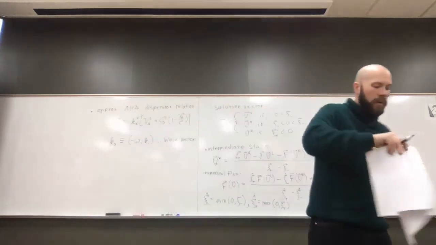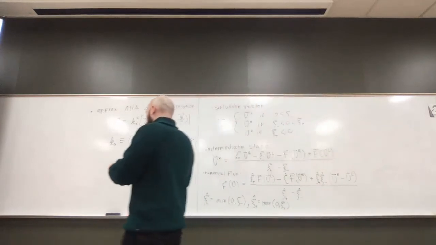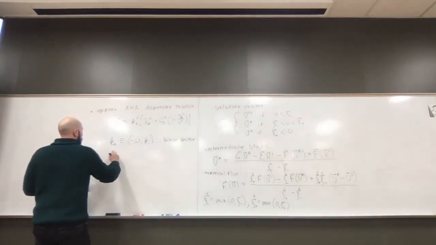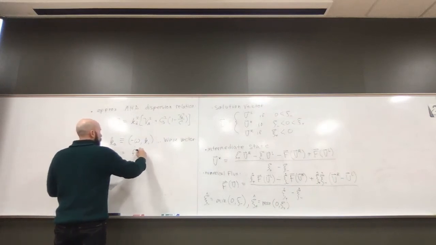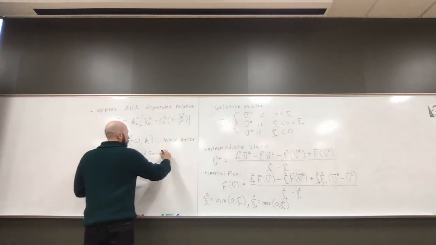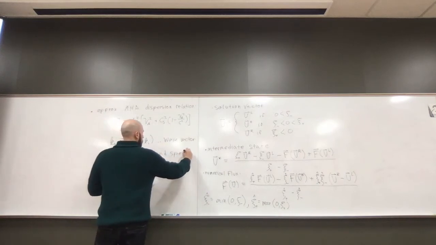Okay. So this all boils down to analyzing the eigenvalues. And c_s is the fluid sound speed. c is the speed of light.